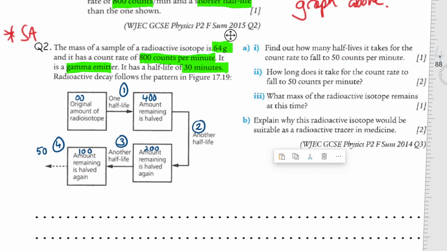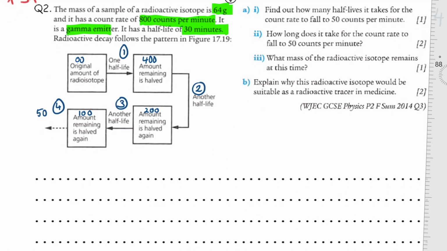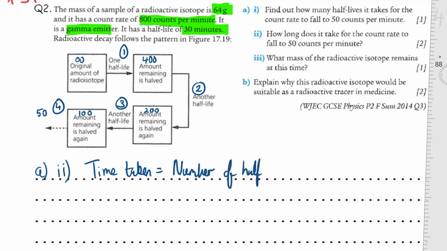How long does it take for the count rate to fall to 50 counts per minute? Well, to do that, you'd have to multiply, and I'll do that part underneath here. So the time taken, you'd multiply the number of half-lives by the time of one half-life. You don't actually need to write out this equation.